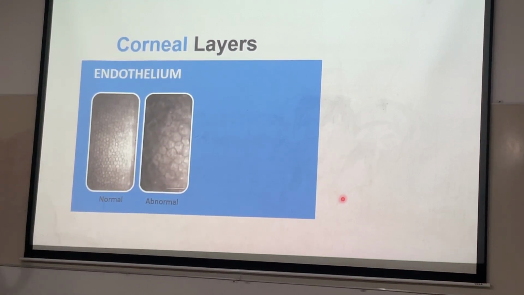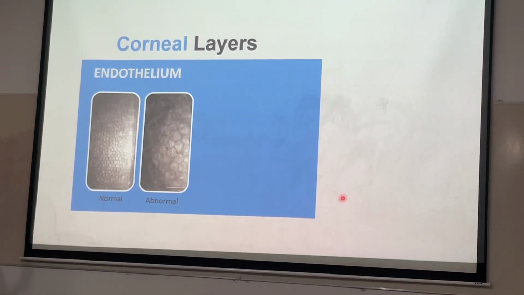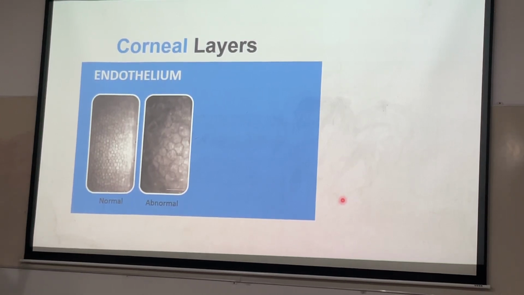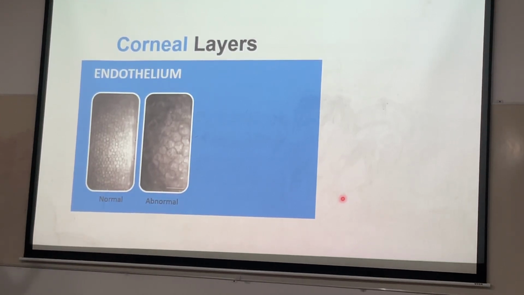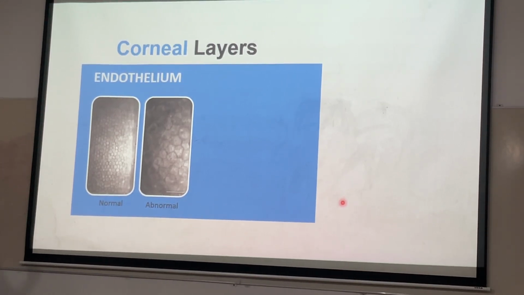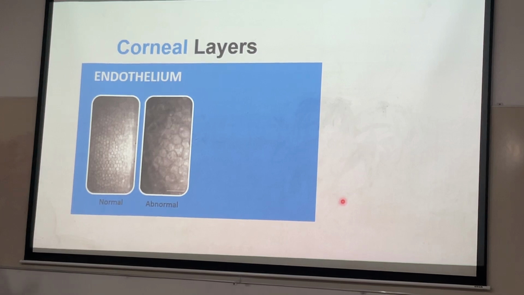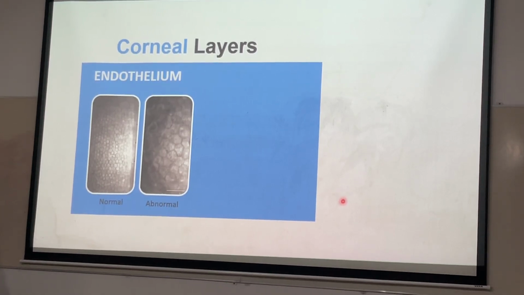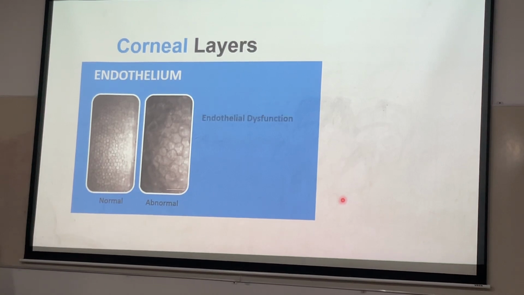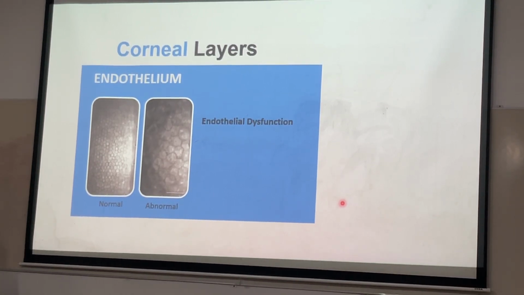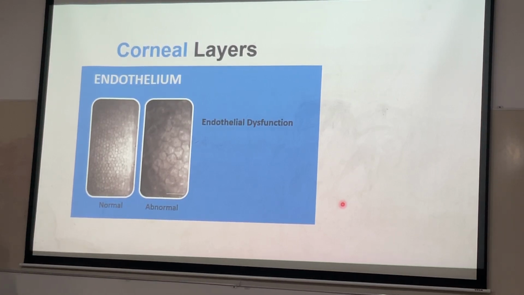This is not a zoomed view, but this is an abnormal endothelium where the rest are damaged, and so the remaining endothelial cells enlarge and fill up the spaces. When you're shown this, that means these are very large endothelial cells, meaning the eye has undergone damage. This happens when you have endothelial dysfunction, or basically abnormal endothelial cells.